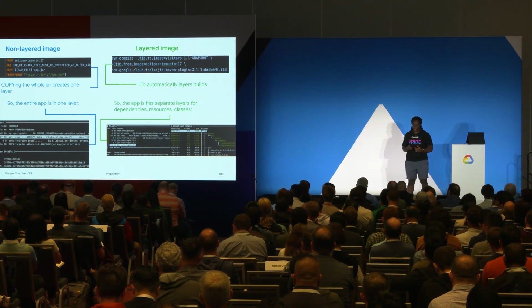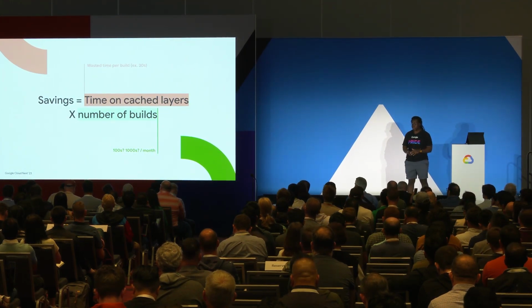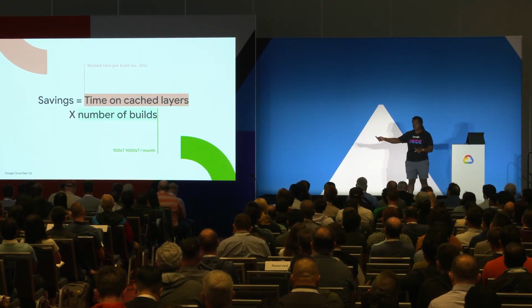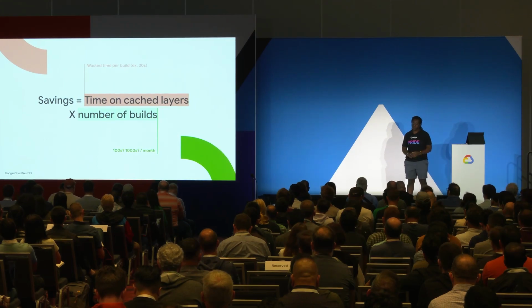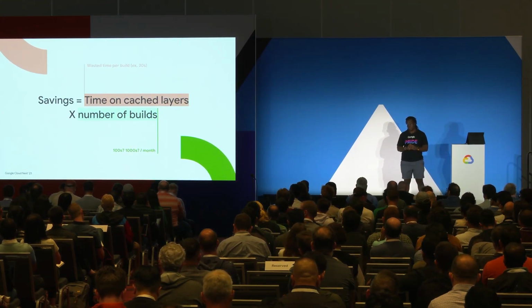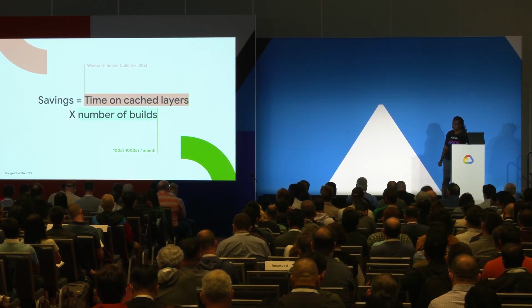If you apply it to a build server running hundreds of builds for an entire engineering organization, your savings are the time spent on each cached layer times the number of builds, which can add up quickly, especially if you're paying for that compute. So that's an overview of Jib as an option for layered building.